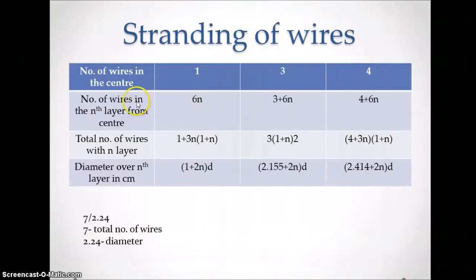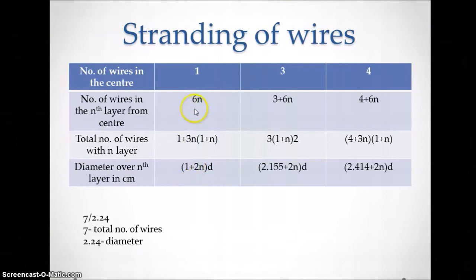Now, there is a standard formula to calculate the configuration of any conductor. If a conductor is configured as 7 power 2.24, the first value 7 gives the total number of wires, and the second value 2.24 gives the diameter of each strand. How do we calculate the number of layers? This table will help us.